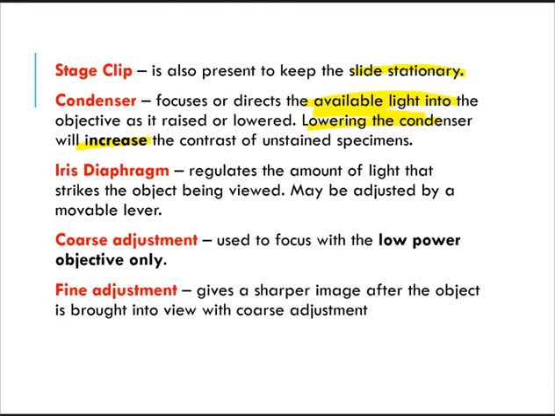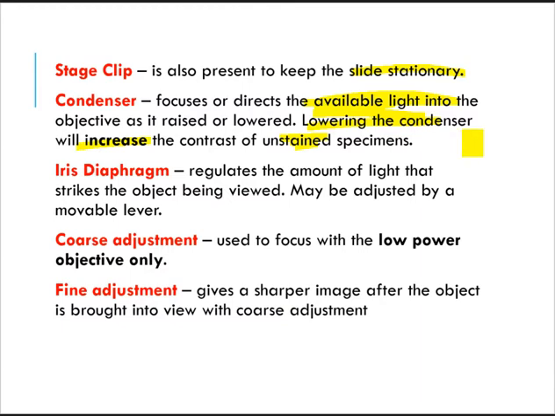So this is really helpful, especially for specimens that usually do not incorporate stains, because the organism will die when it comes into contact with your dyes. So it will die when it comes in contact with your stains.